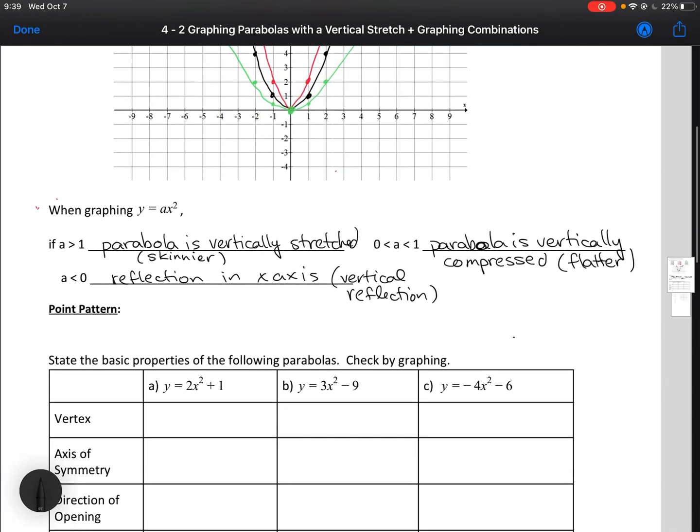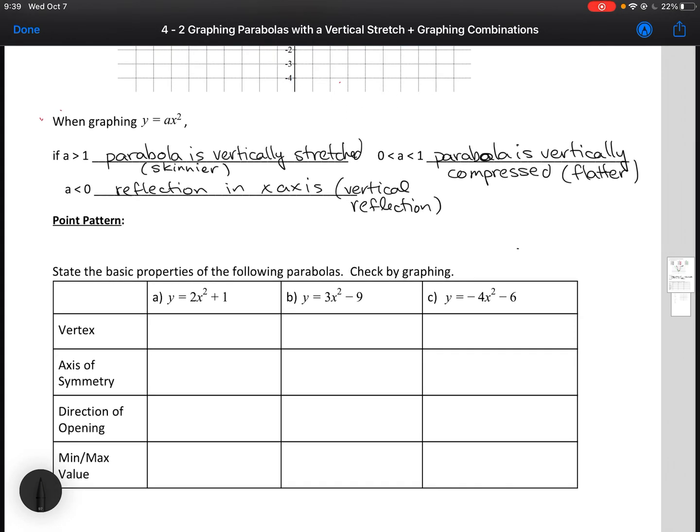So let's look at a chart that's going to state the basic properties of the following parabolas. Okay, and then we can check by graphing. We'll use Desmos for that. Okay, so in our first parabola here, we've got 2x squared plus 1. Now I know that my vertex, there's no horizontal shift, so my x-coordinate is 0.